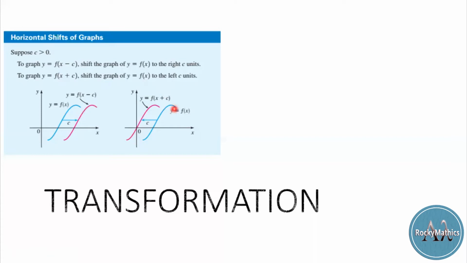For example, we know the graph of y = f(x), and we are asked to sketch the graph of y = f(x + c). It is x + c because if we want to know the value of x, we equate this to 0, then x + c = 0, so x = -c, which means the direction is on the left side of y = f(x).